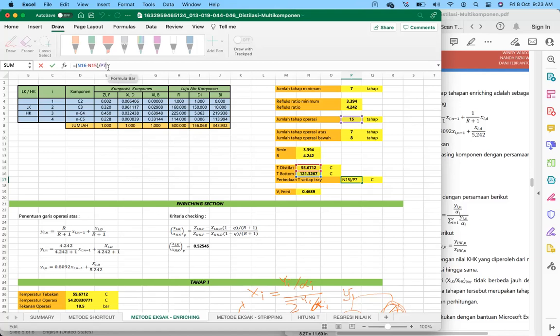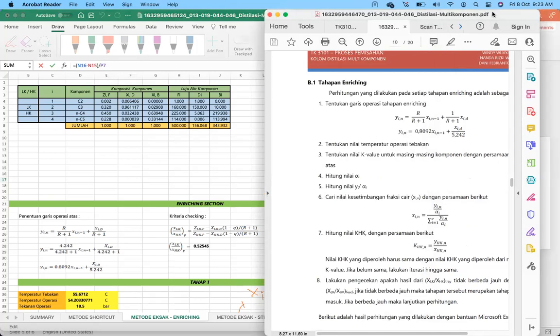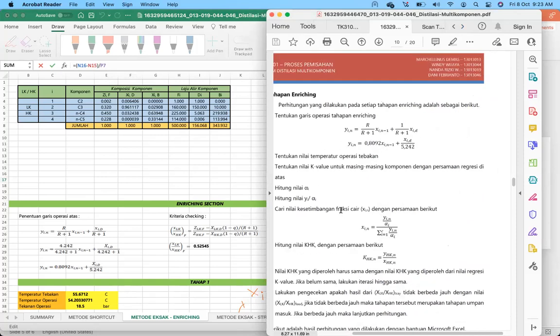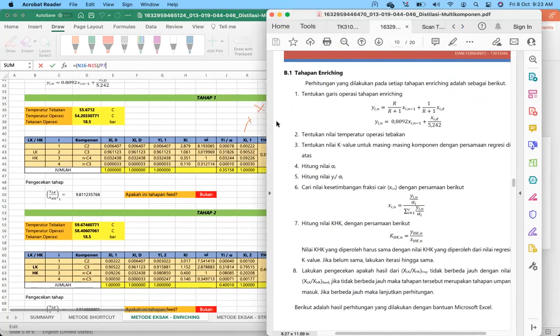Now maybe I can explain the procedure that is written in this report. First, of course, we know the enriching operation, the enriching section.